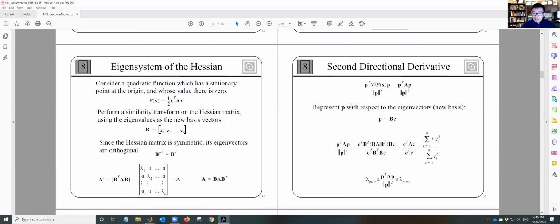So the directional derivatives, if you project the second order derivatives along any vector P, will be between the minimal eigenvalue and the maximal eigenvalue.